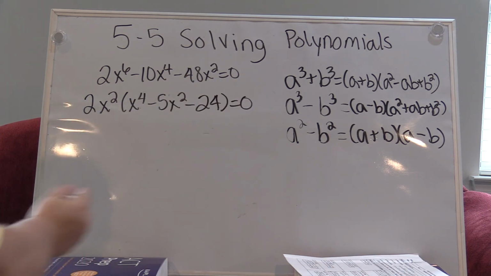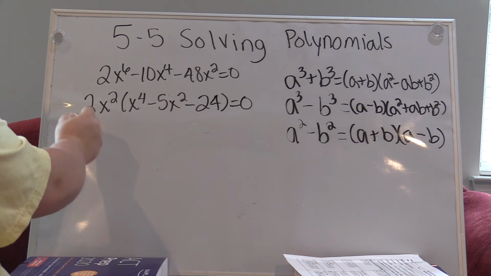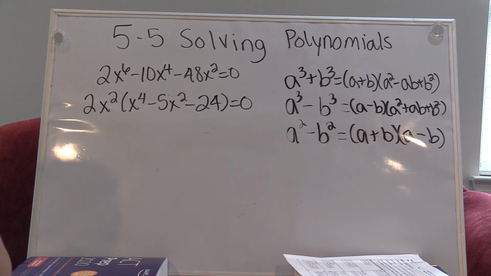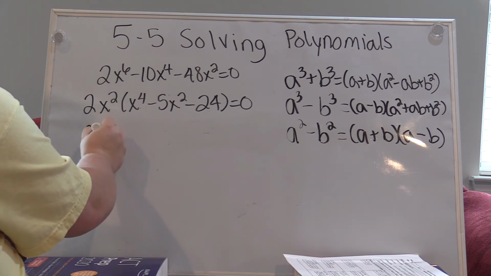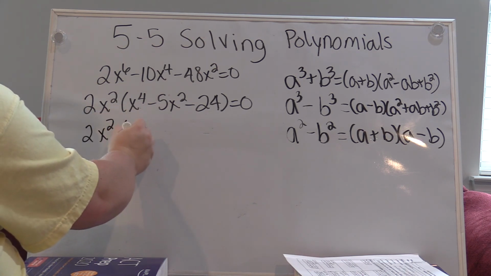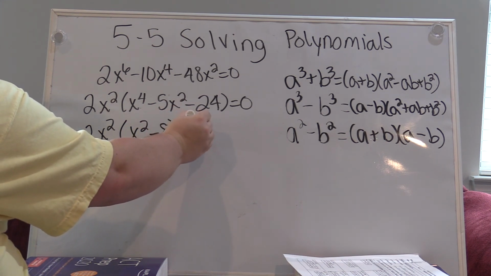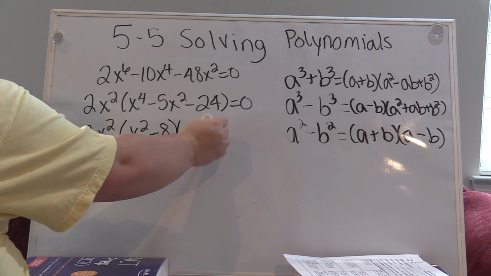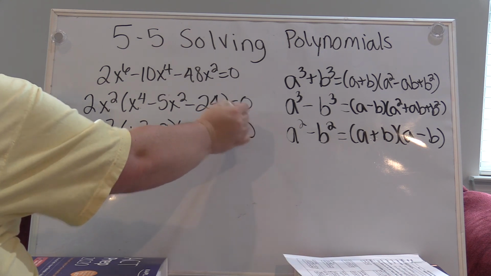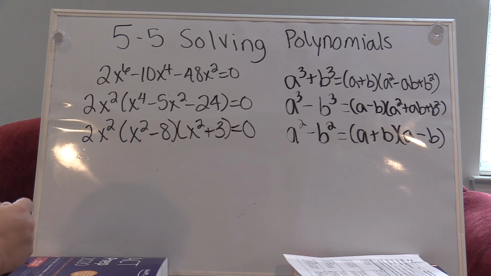What multiplies together to give you 24 and adds together to give you negative 5? Negative 24 and negative 5. Oh, this is negative 8. Okie dokie.